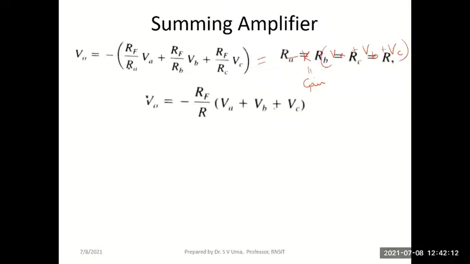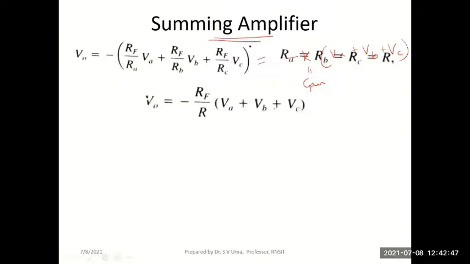So if I equate all these three resistors RA, RB and RC to R, I can take out the common factor as minus RF by R, and within brackets I'll have the sum of the three input signals. So what will the circuit behave as now? It will take the sum of the three input signals and it will multiply it with a gain RF by R. So it is a summing amplifier when we equate the resistors RA, RB and RC.